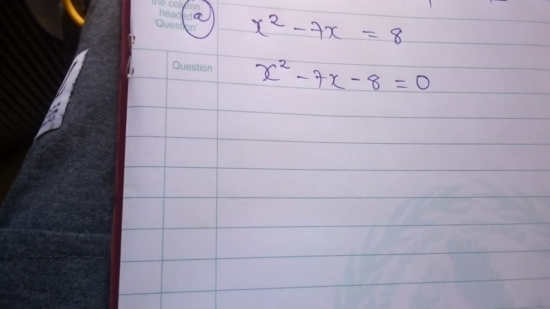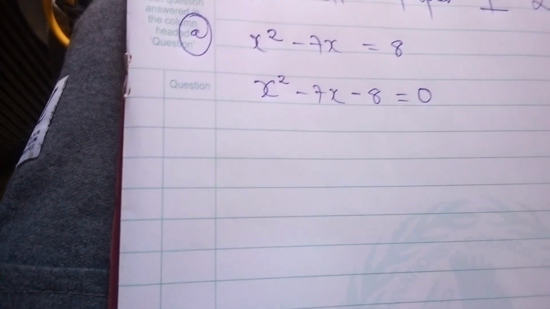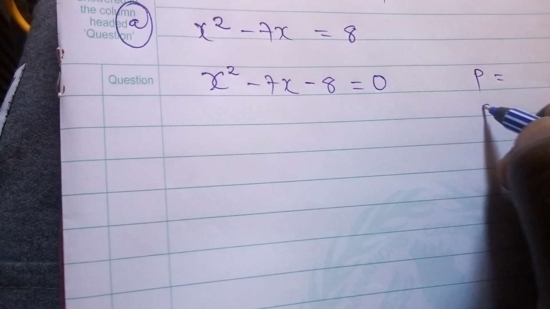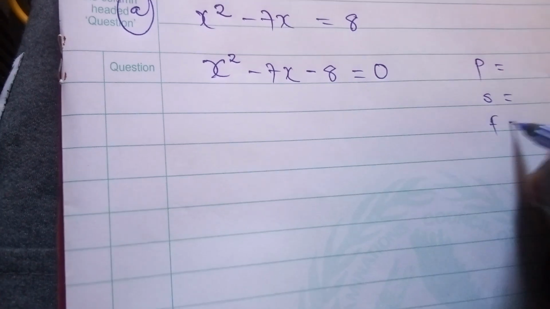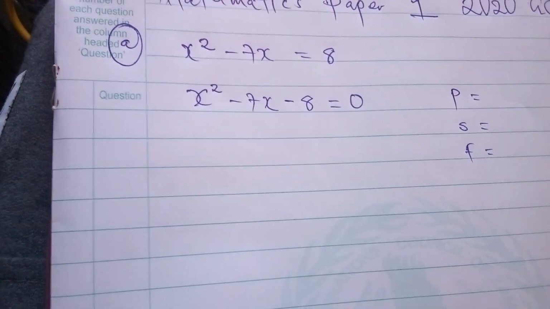So how do you solve questions concerning quadratics? You have to find the product, sum, and factors. This is paper 1, so you are not supposed to use a calculator.